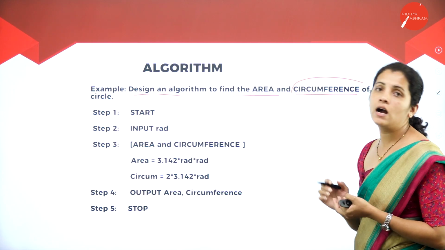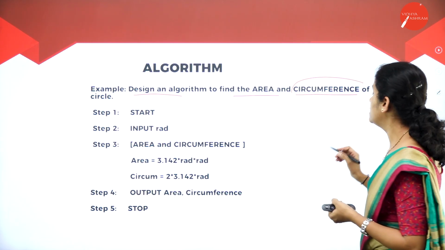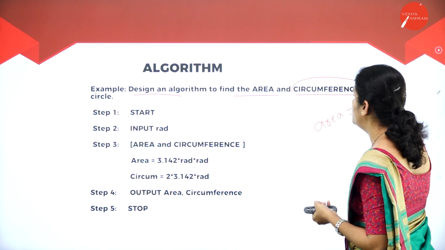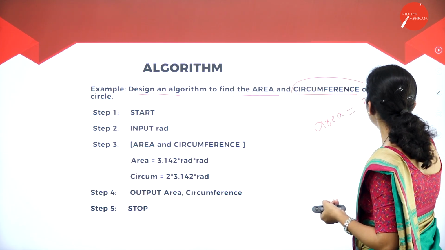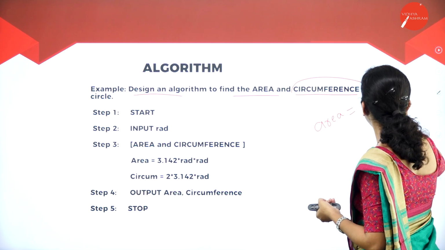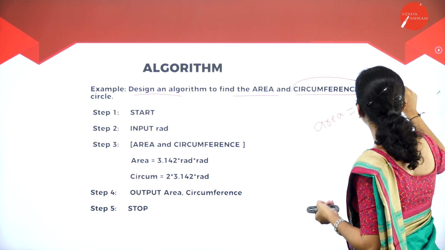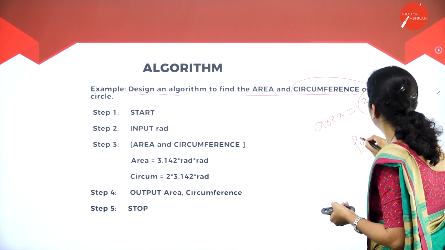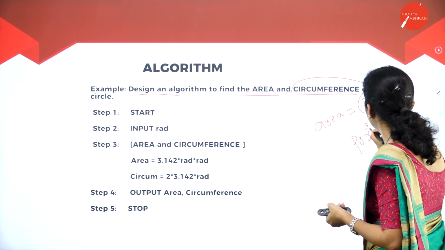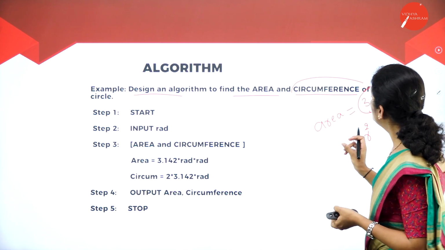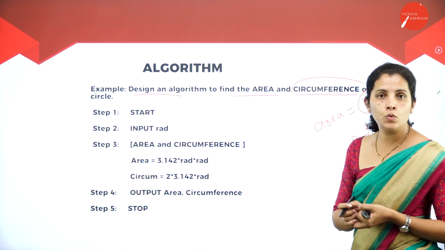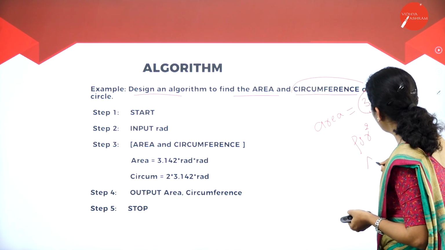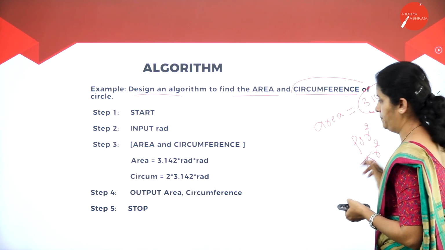What is the formula I'm going to have here? Area equal to 3.14159. What is this? This is my pi value. Then r square. That means to find the area, the formula is pi r square.